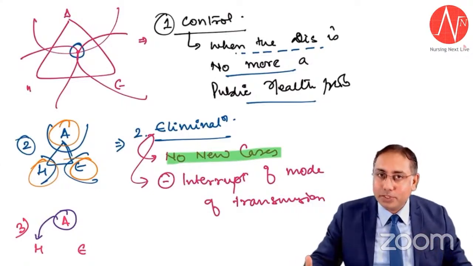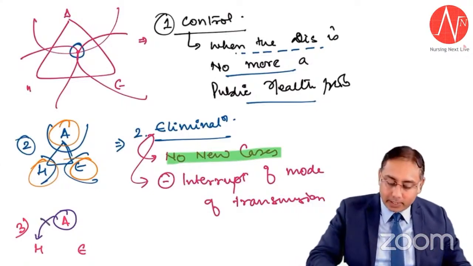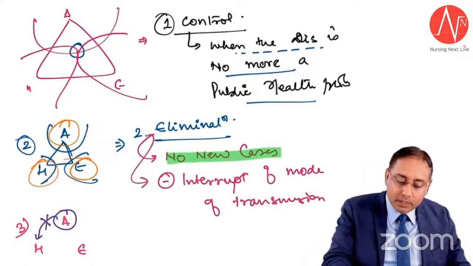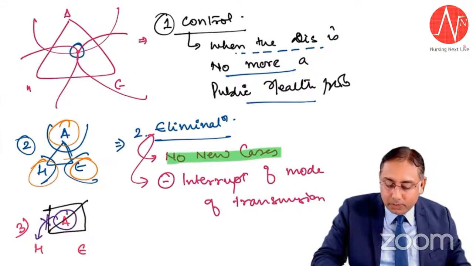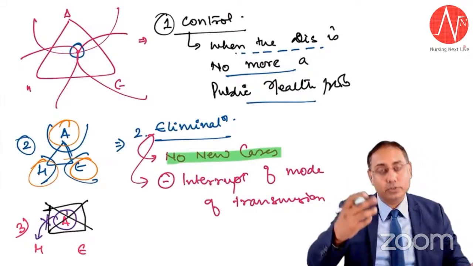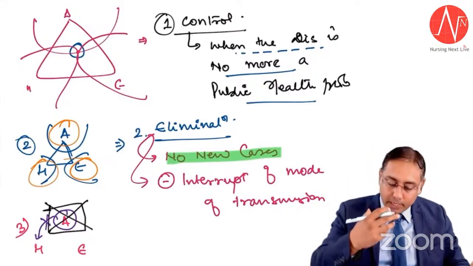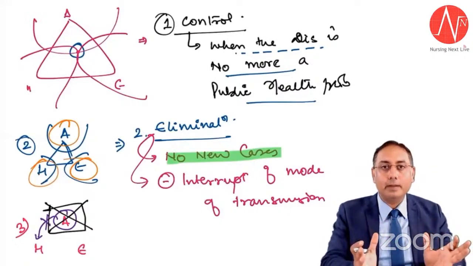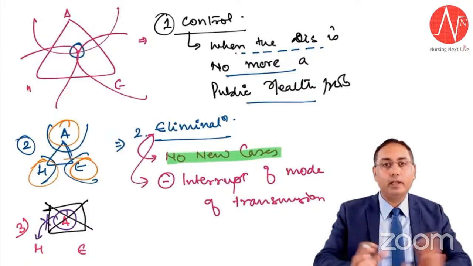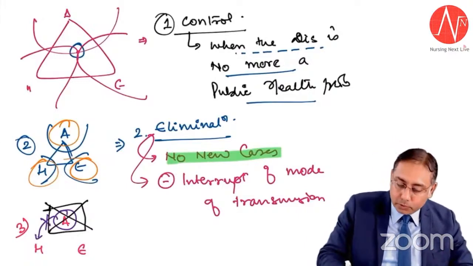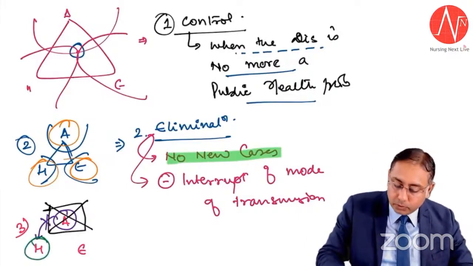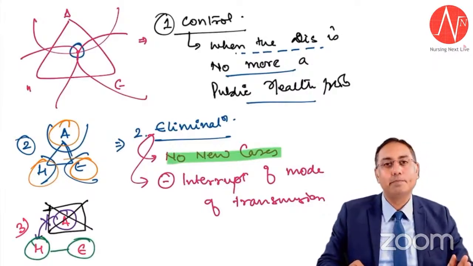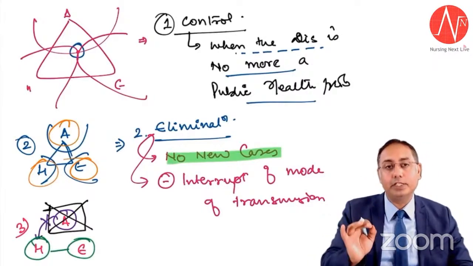To replicate, it needs a host. Now you are not letting the agent meet the host. So don't you think that after some years, the agent is going to die off from the planet, or from the geographical area, whether a bigger area or smaller area, whatever it is? So now only the host and the environment remain. There is no more of that particular agent.